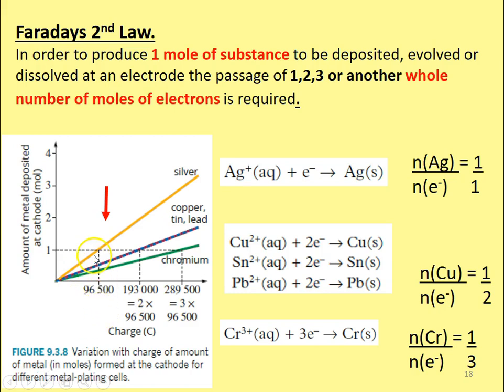For every 1 mole of electrons for silver, you would make 1 mole of silver metal. 2 moles of electrons, you would make 2 moles of silver, etc. Instead of saying 1 mole of electrons, it could say 1 Faraday, 2 Faradays, 3 Faradays, or 96,500 coulombs. So it's 1-to-1 for silver, but if you have 1 mole of electrons, you only make half a mole of copper and 1/3 of a mole of chromium.